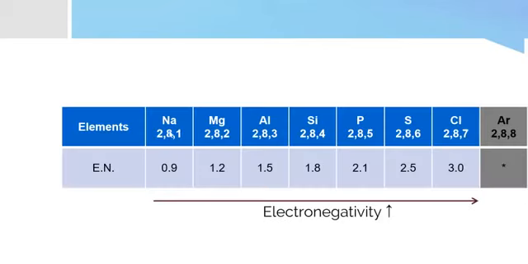Again, as the electronegativity is increasing, you can see that we are moving from metals to metalloids, then non-metals. As we move from left to right, the metallic character is decreasing and non-metallic character is increasing. The tendency to lose electron is decreasing and tendency to accept electron is increasing.